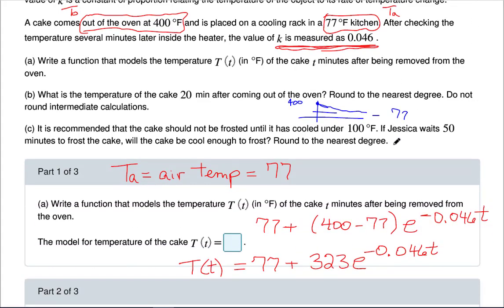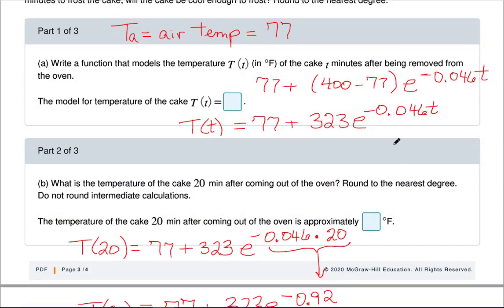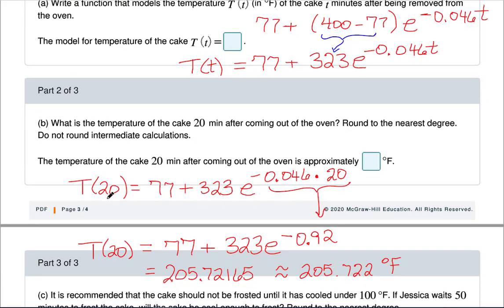All right, so let's take a look here. If I plug everything in to our problem, we had room temperature, which was 77, comes out of the oven at 400. That difference is 323. Here's my K that dictates my cooling. So, what's the temperature after it sits there for 20 minutes? So here's my time of 20. Plug it in.